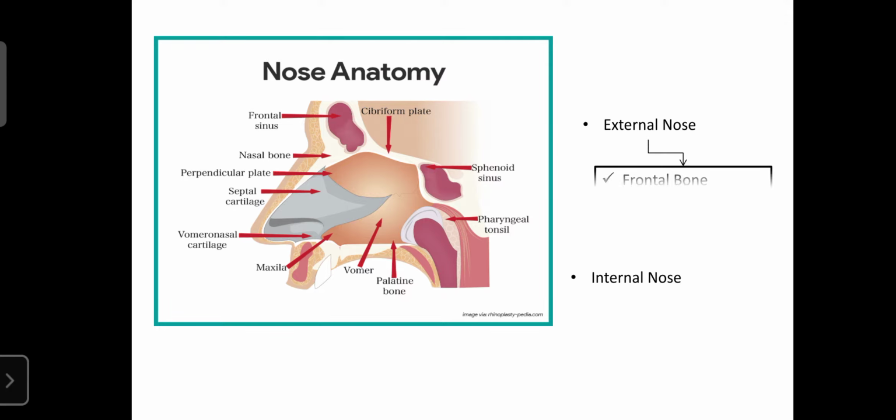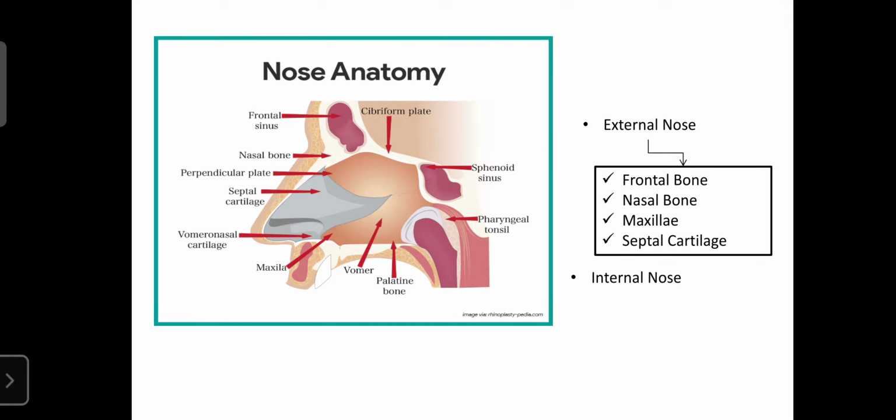The external nose forms a cavity, made with the help of the frontal bone, nasal bone, maxillae and septal cartilage. The junction of these bones is responsible for the formation of the external nose.